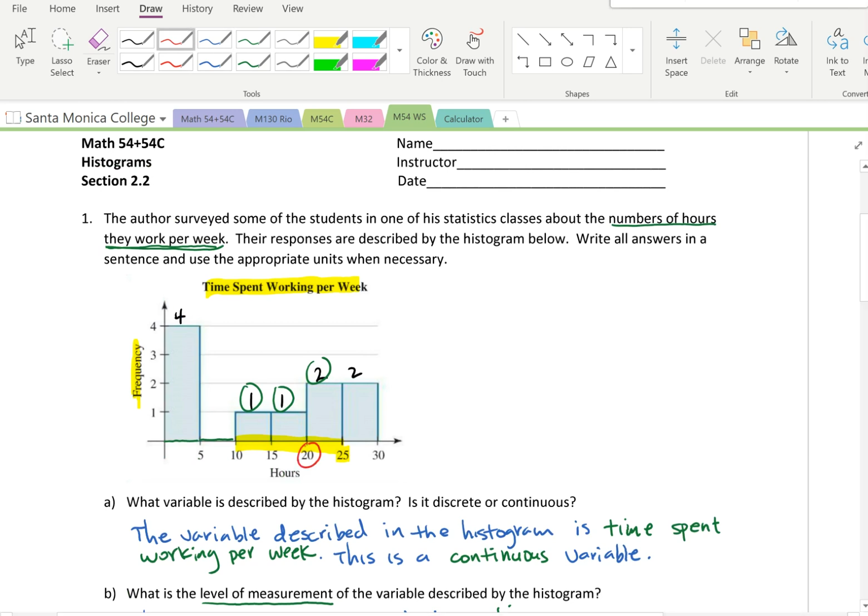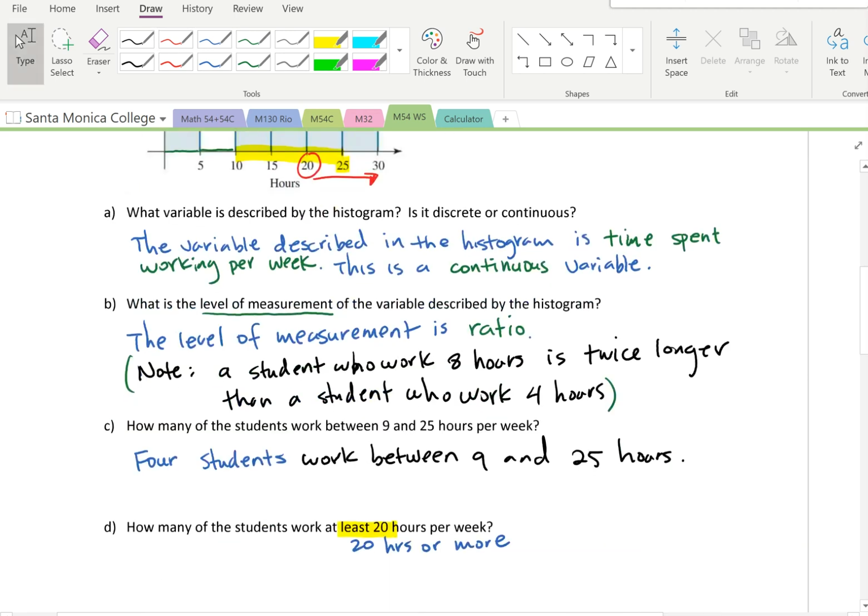Twenty is the minimum here, and 20 or more means go in this direction. So I would have a student who works 20 hours, the 2 students here who work 20 hours or more, and another student who works 25 hours or more. So that's these 2 over here, a total of 4 students.